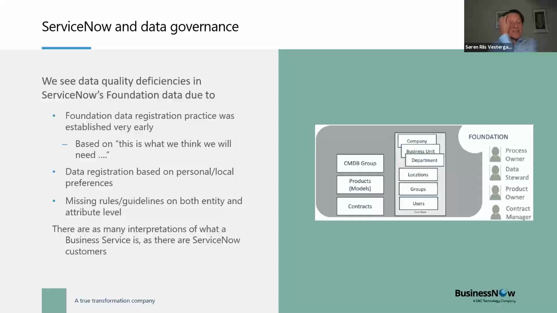So there's a distinction between technical services, application services, and business services. This is just one example, and maybe that would be a good place to start, apart from the foundation data: do we have a common understanding and guidelines about how to use business service, how to understand what a business service actually is?